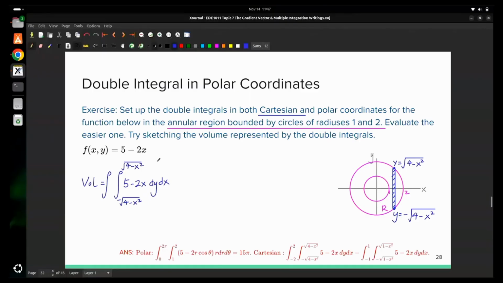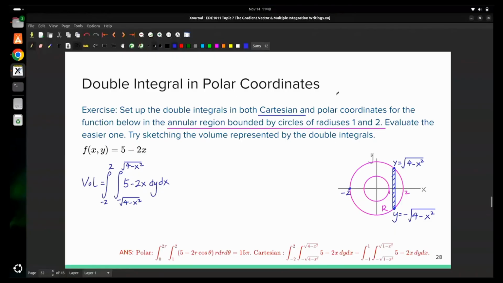Agree or not? Agree. Then what must x be? x must be from minus 2 all the way to 2.